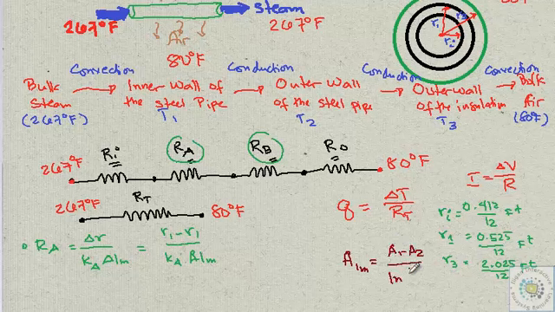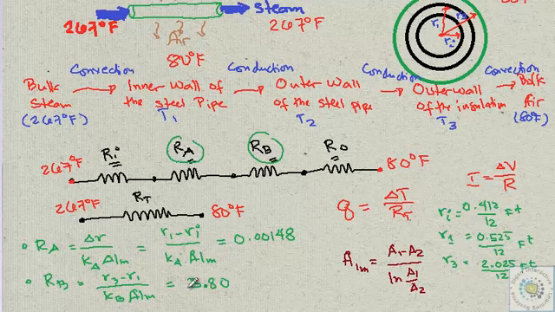In this case, for Ra, we'll be calculating the log mean of the inner area and the outer area of the steel pipe. Following that, Ra will be equal to 0.00148. Similarly, Rb will lead to a value of 5.80. So it's really expected, meaning I'm actually jumping to the final answer here.